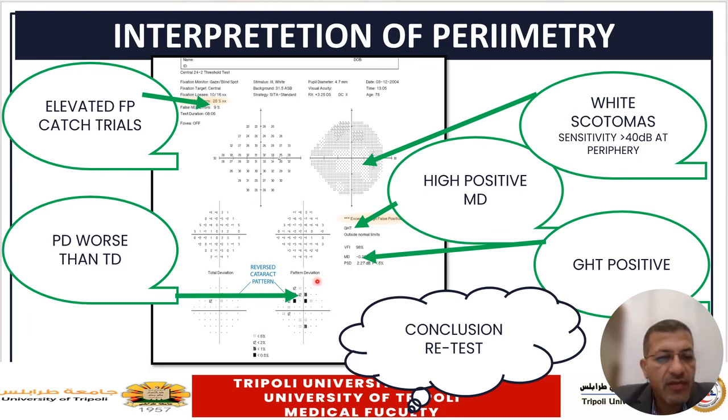So when you find the pattern probability plot worse than the total deviation, with a white scotoma in the gray scales and above normal range mean deviation and glaucoma hemifield test, this indicates a trigger happy patient or false positive result. And if it is more than 15% in the catch trials, you should repeat your test. Otherwise, it will give you an unreliable result.